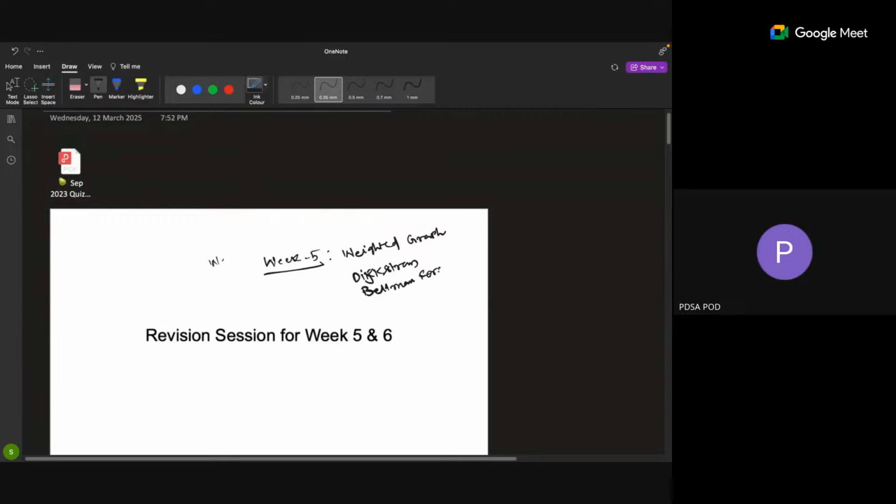This is also single source shortest path. These two are single source shortest path. And Floyd-Warshall is multi-source shortest path, MSSP, the short form I'm using.